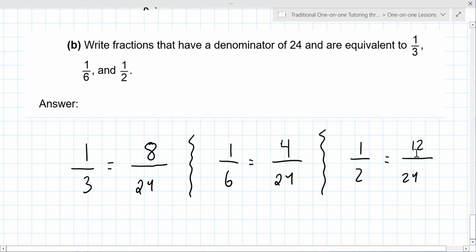The 8, the 4, and the 12. What do they add up to? So add up everything. 8 plus 4 plus 12. What does that add up to?